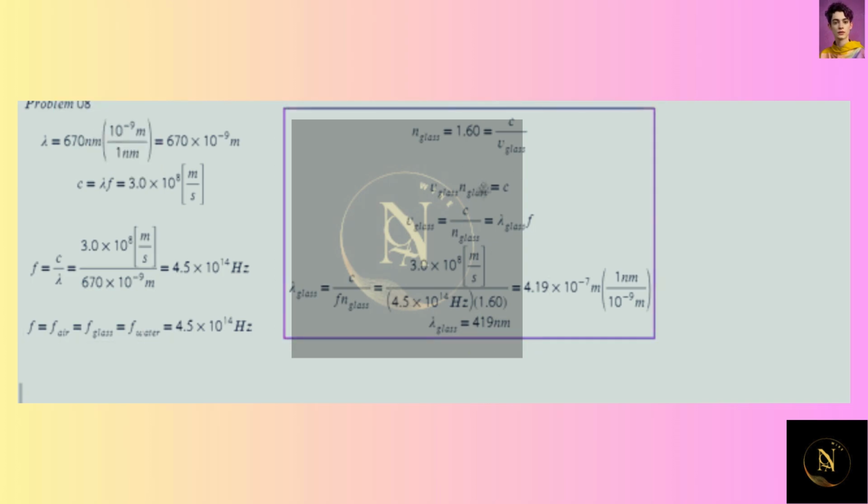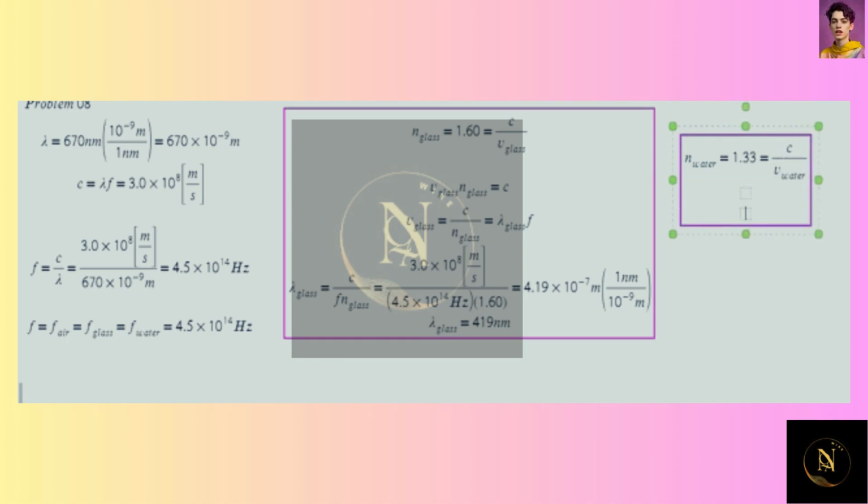We're going to repeat this calculation for water. So n of water is going to follow the same pattern. Let's go ahead and do it right here on the side. This is going to be equal to 1.33, which is equal to the speed of light in vacuum over the speed of light in water.